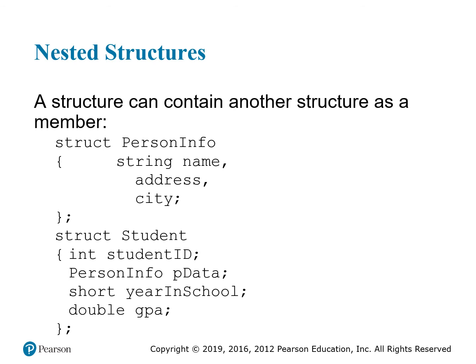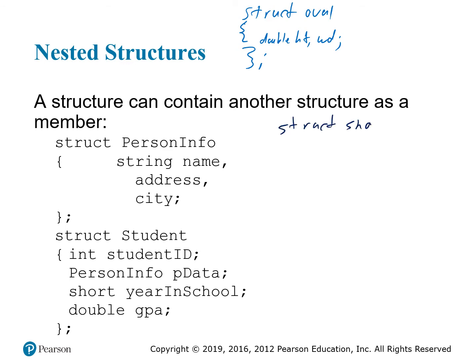If I had struct oval, which again has double height and width. I left off the type there, silly me.